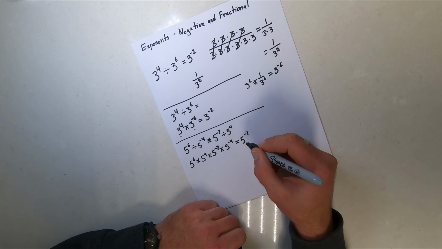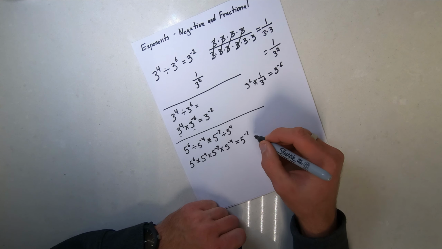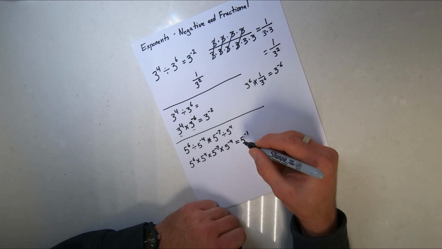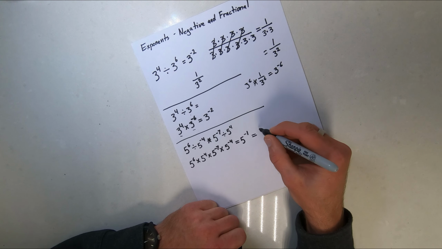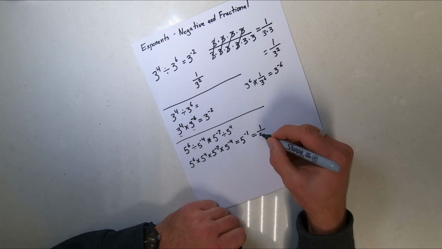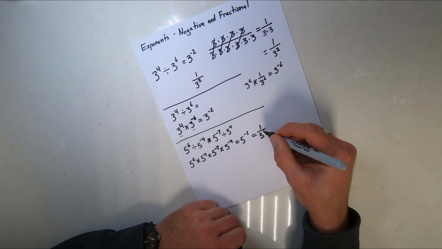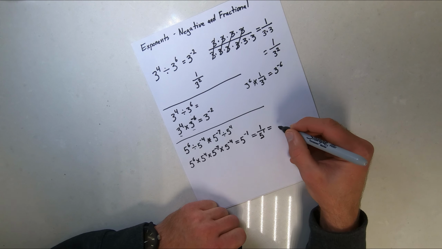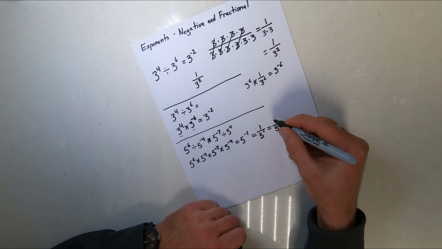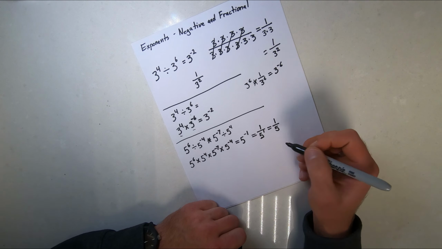And we know what 5 to the -1 means. The negative means it's a reciprocal of 5 to the 1, which means it's 1 over 5 to the 1. And 5 to the 1st power is the same thing as 5. So our answer is 1/5.